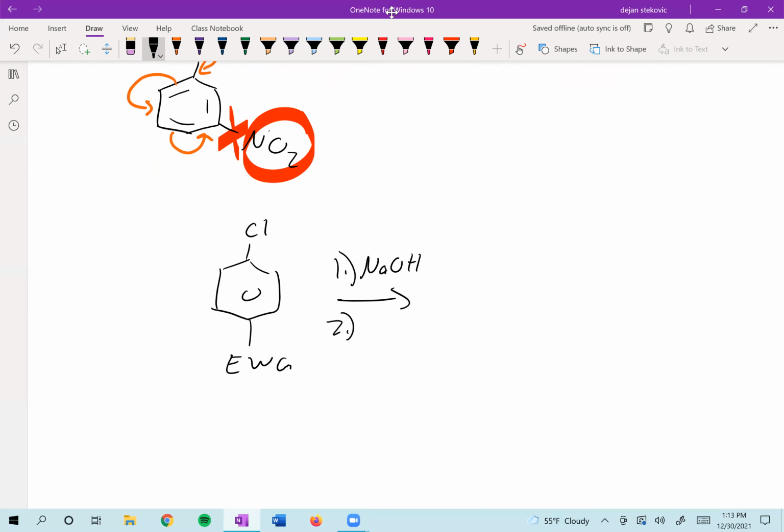And then the second step here is to just add some acidic workup because you want to keep everything nice and protonated. Right, this proton comes from this acidic proton because once you make phenol, phenol is more acidic than sodium hydroxide, and so it'll be deprotonated. So go ahead and know that mechanism and know what you can do with that.